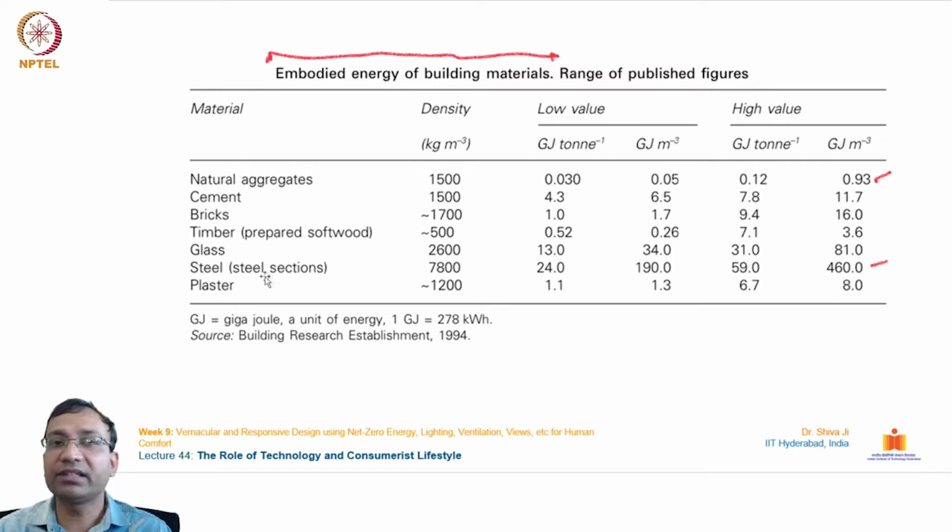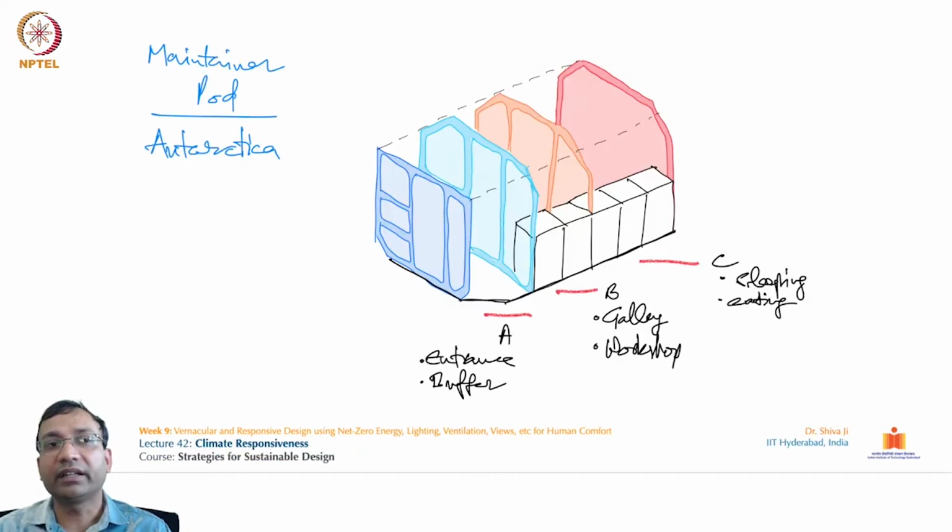And by avoiding steel as much as possible, keeping steel for structural purposes only, we can bring the difference. The answer is right here in this data sheet, and the interpretations are up to you to take ahead.